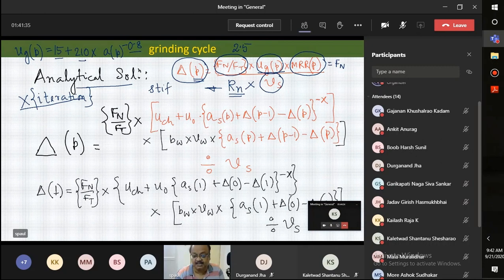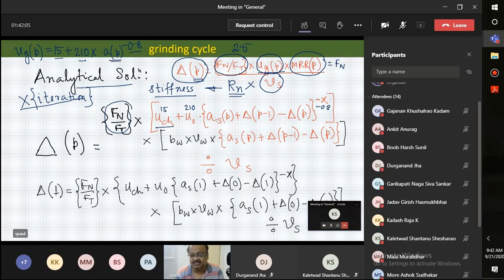Now the problem starts. Why does the problem start? This is a number. This is not going to change. What about UG? Let me expand. It is 15, U0 which is 210, minus X, minus 0.8. These are known. But this AP part is problematic.